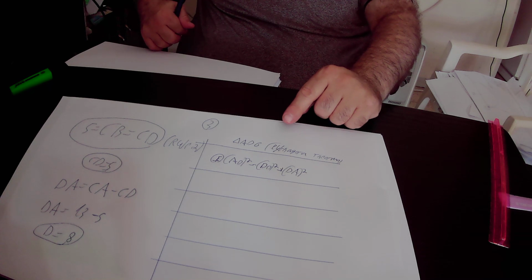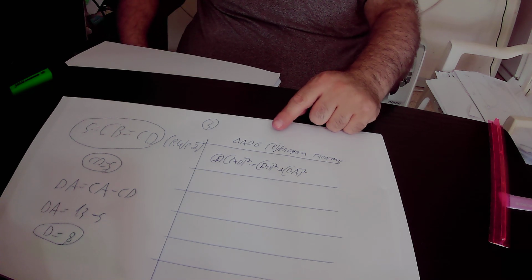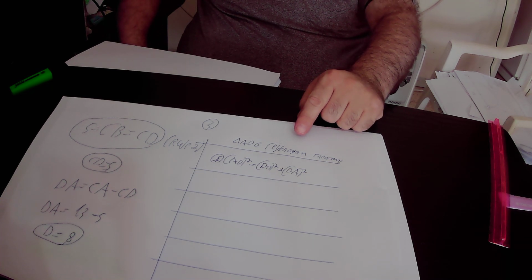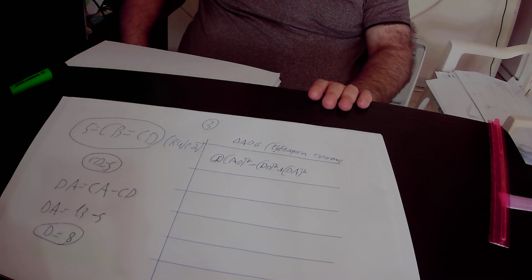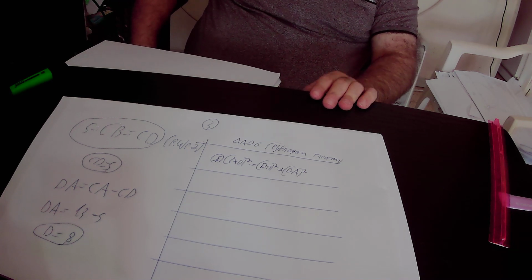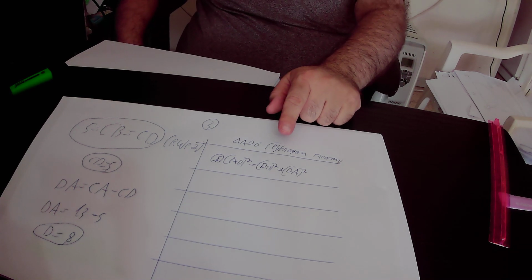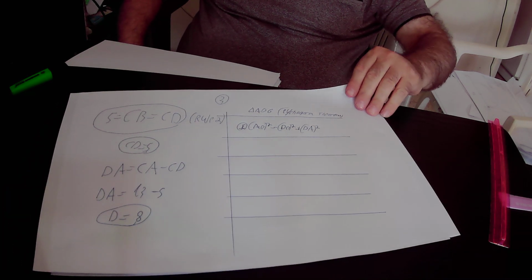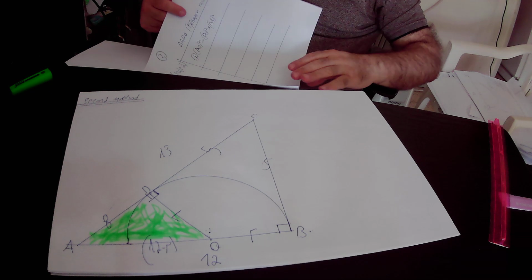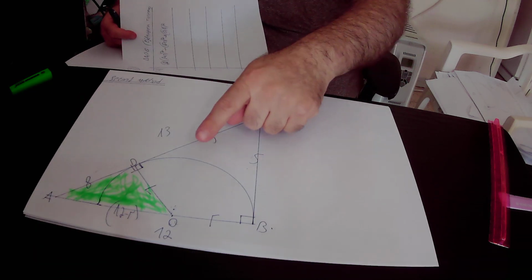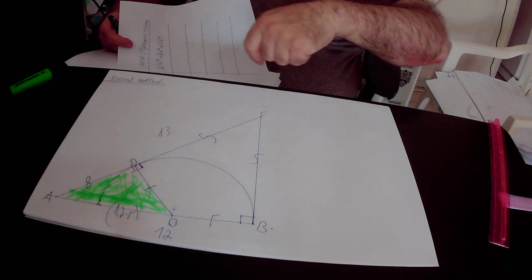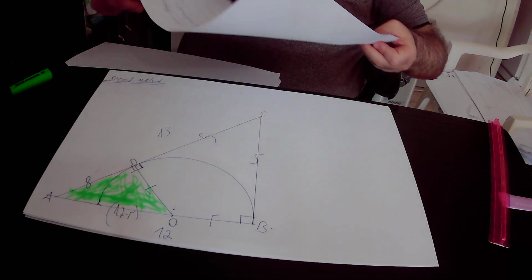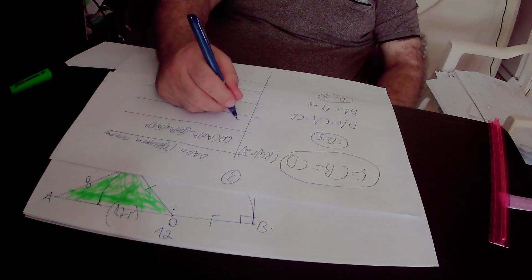In the right triangle, triangle ADO, according to the Pythagoras theorem, the square of the hypotenuse equals the sum of the squares of the perpendiculars. That is to say, AO square equals DO square plus DA square. Okay. We have already found out that AO equals 12 minus R, therefore AO square is (12 minus R) square.